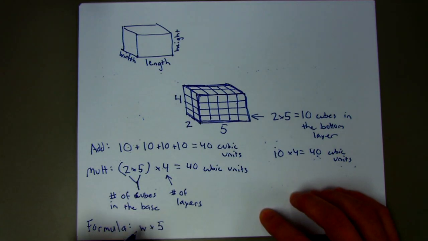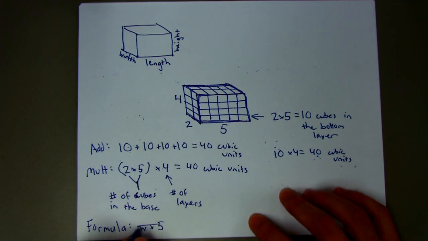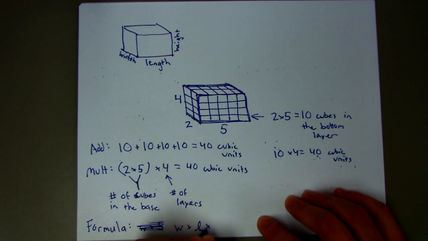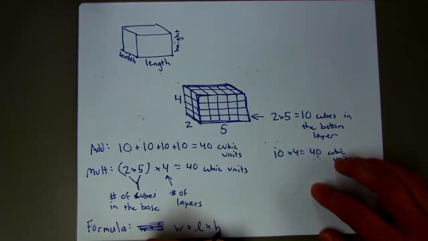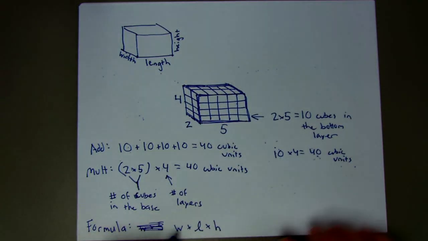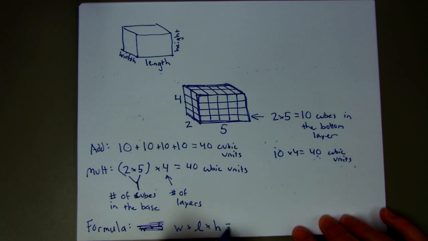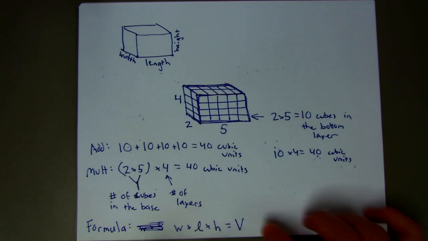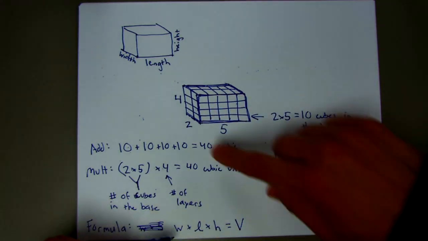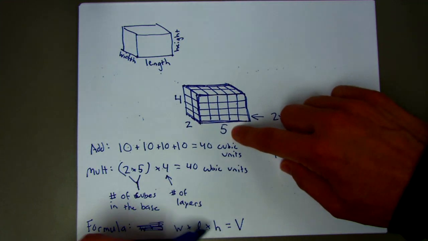Whoops, I wanted to put an L there, right? Width times length times 4, the height. You multiply the width times the length times the height, and you will find your capital V, your volume. 2 times 5 times 4.